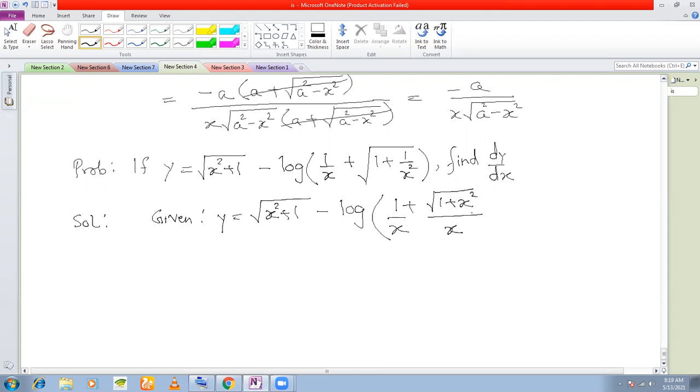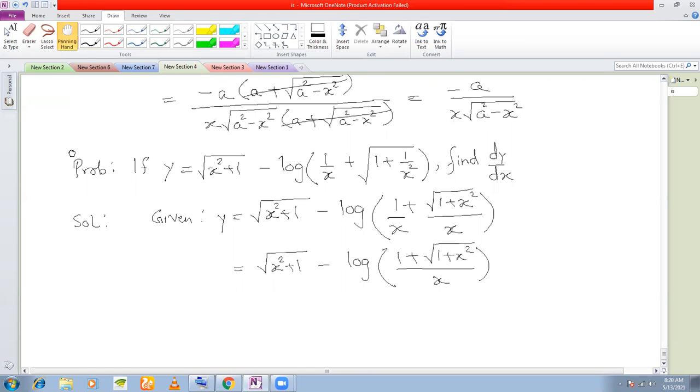And here you also have an x, isn't it? Minus, now you take the LCM, 1 plus root 1 plus x square divided by x, right?